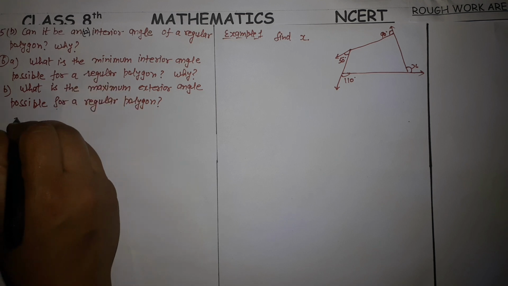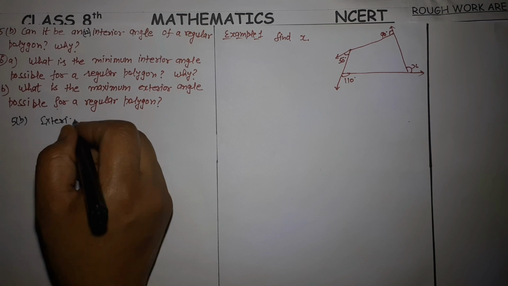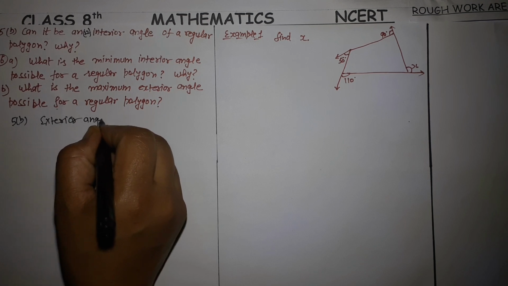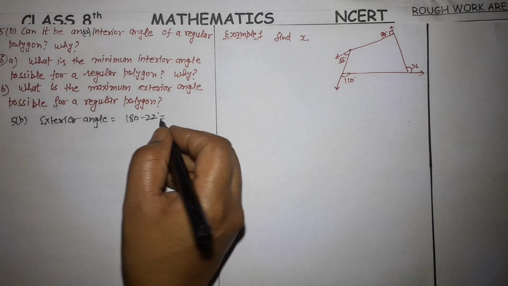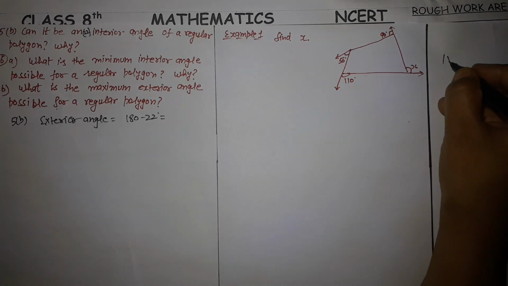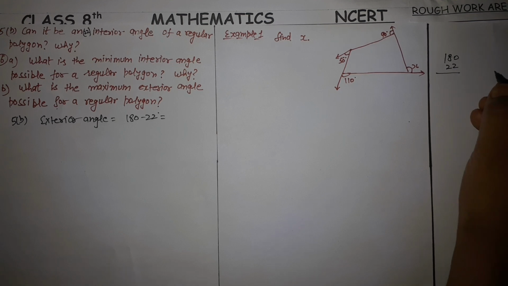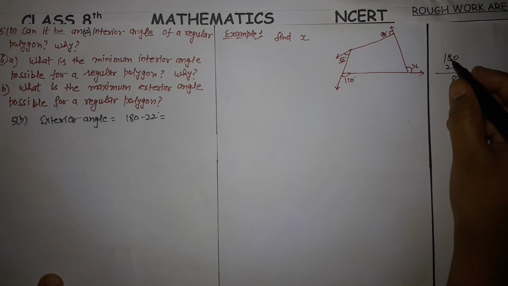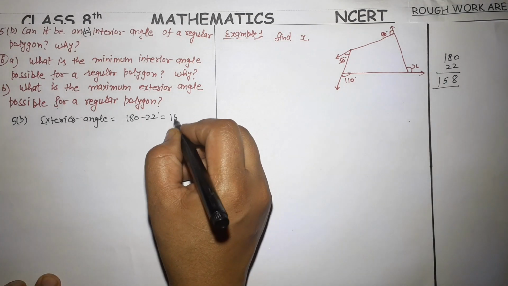First we will find its exterior angle, that is equal to 180 minus 22. Use the right side of the page for rough work. It makes 158.